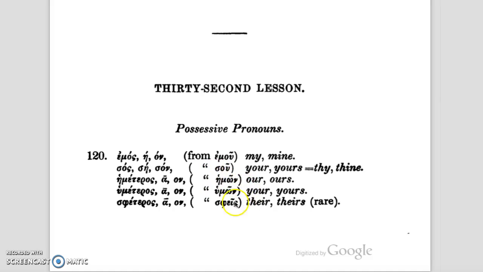Or our, or plural your, or their. Now, we haven't seen that. Notice it says rare. We're probably not going to see that too much, but these we have seen already, and these are the standalone version. Kind of like in English when we can say that's my ball, or we can say that's mine. It's by itself. Okay, let's scroll down.